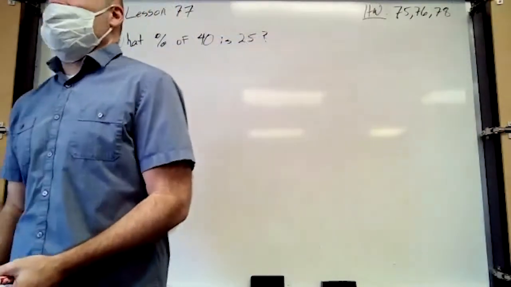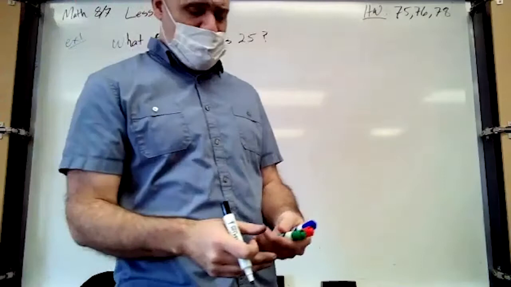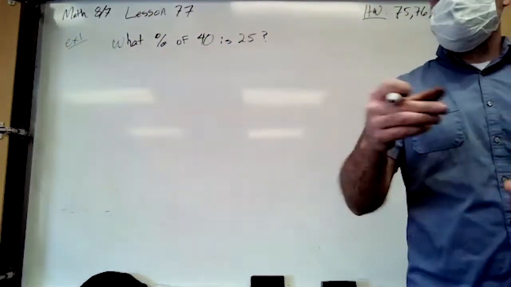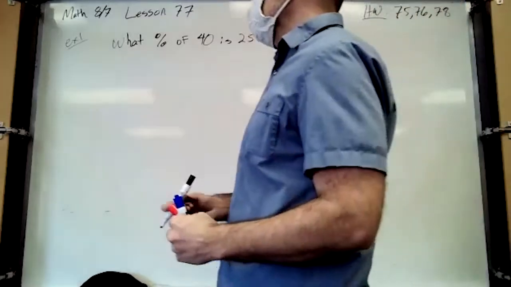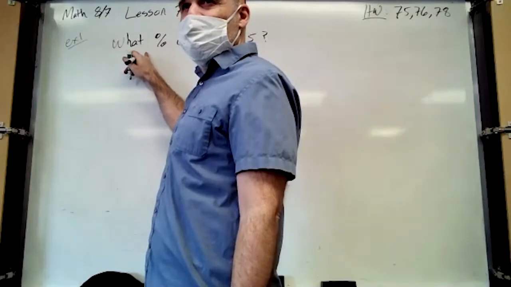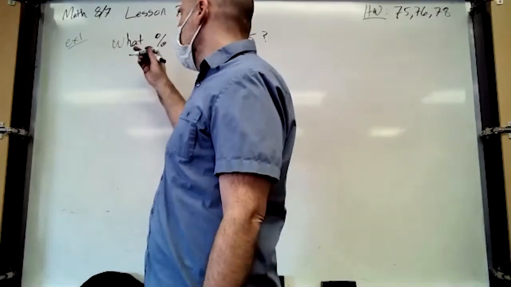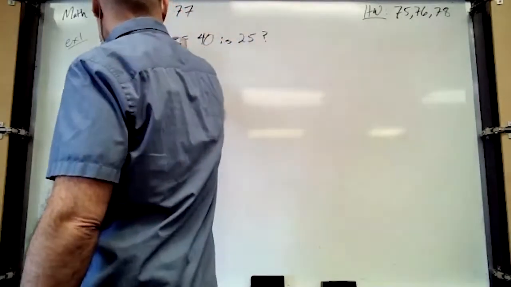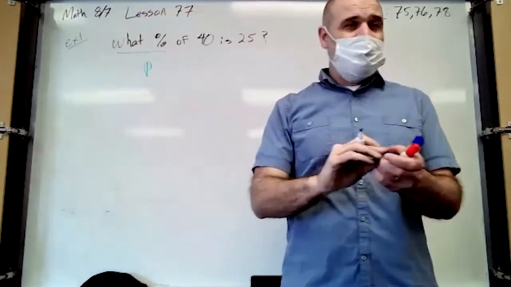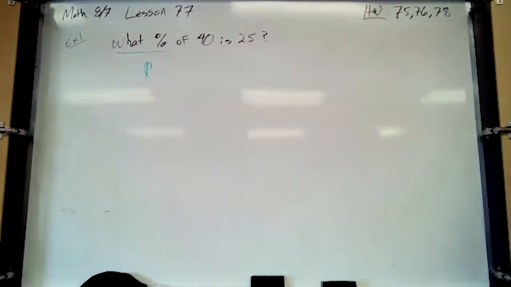How do you say what in math? A variable. Now, what variable makes the most sense? Probably the word that comes after what, which is percent. So I'm going to say that what percent is P. Everybody okay with that? How do you say of in math?